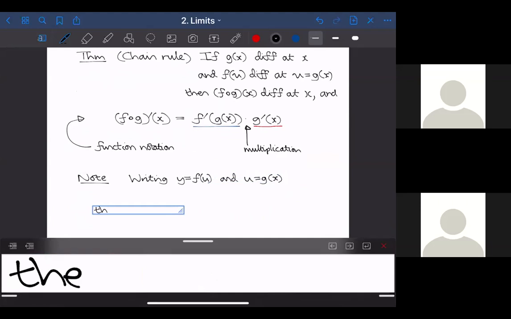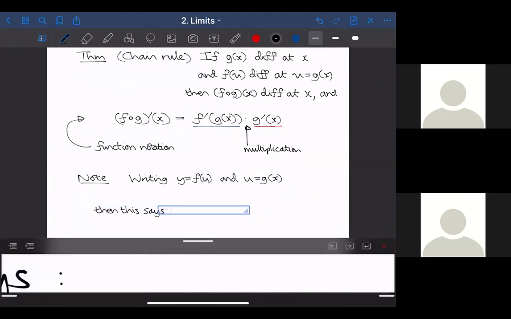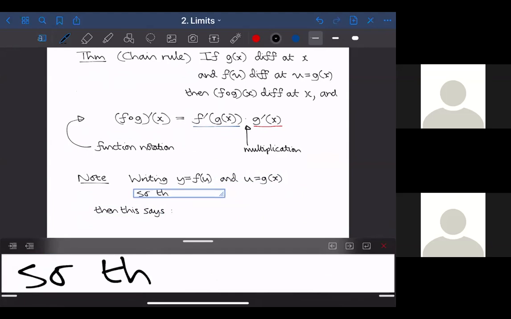then what does this say? Well, let me write the composition of these functions as well.